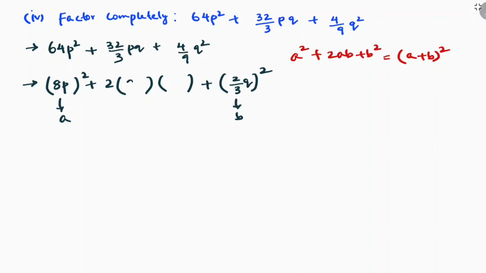Here I'll write a and b, 8p into 2 by 3 q. Now we'll check whether we get 2ab or not. 2ab should fit like 32 by 3 pq. If we multiply numerators, 2 into 8 is 16, 16 into 2 is 32, pq by 3, perfect. So clearly it is in the form of a square plus 2ab plus b square. So I can write directly (a plus b) whole square, (8p plus 2 by 3 q) whole square.